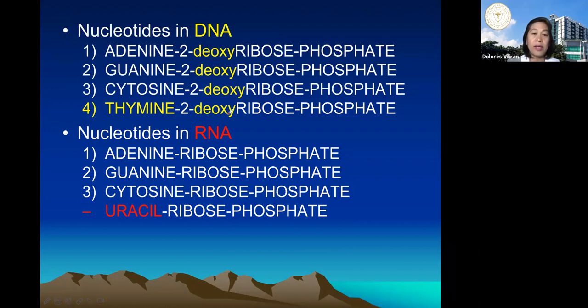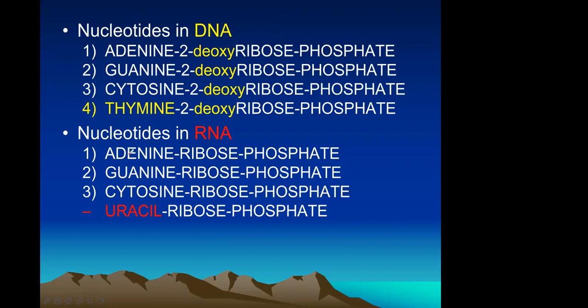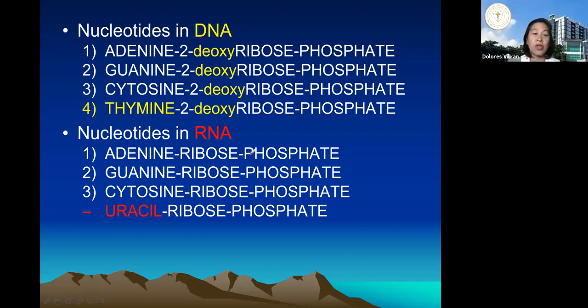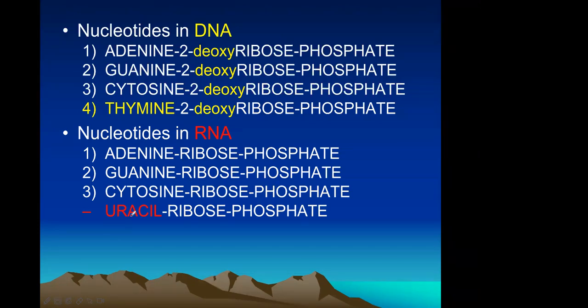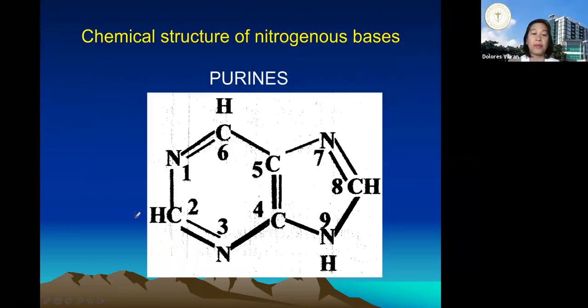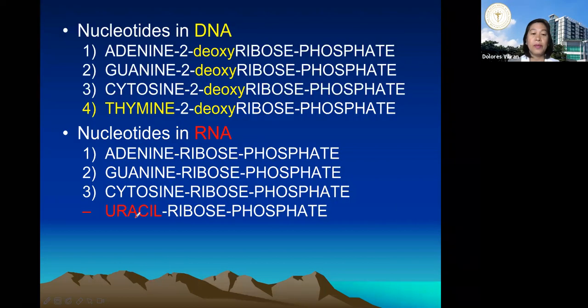While the nucleotides in RNA are adenine ribose phosphate, guanine ribose phosphate, cytosine ribose phosphate, and for RNA, uracil ribose phosphate. So the difference between DNA and RNA is the sugar, deoxyribose for DNA, and thymine, while for RNA you have ribose and uracil.